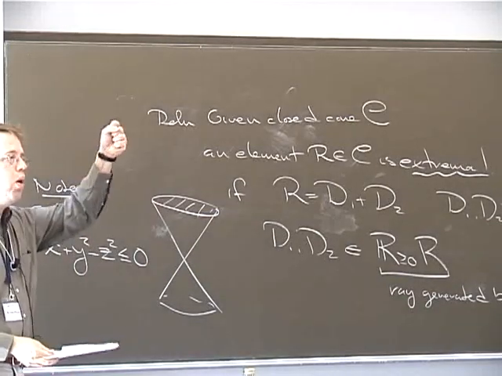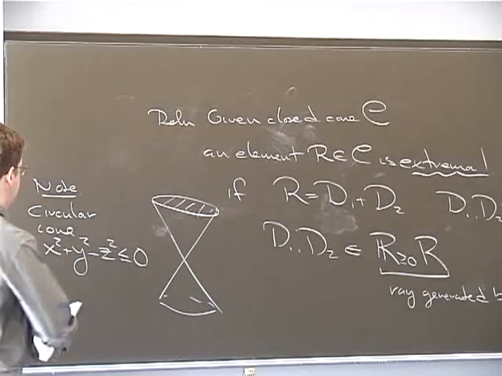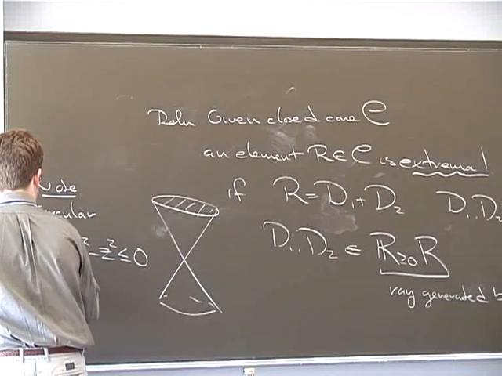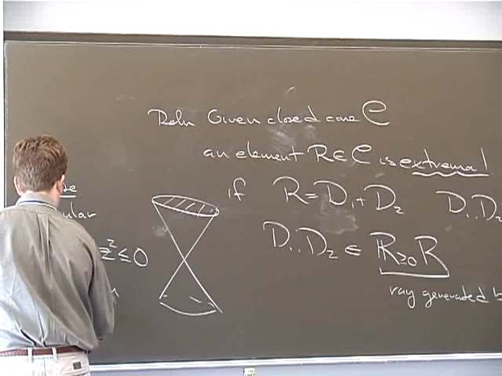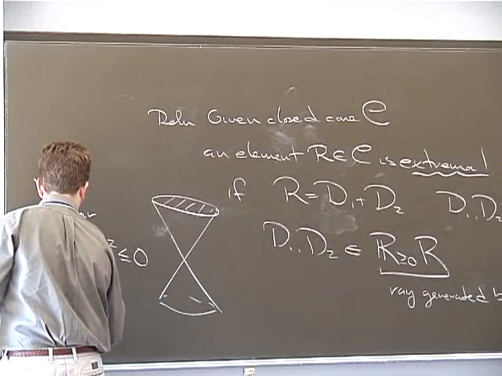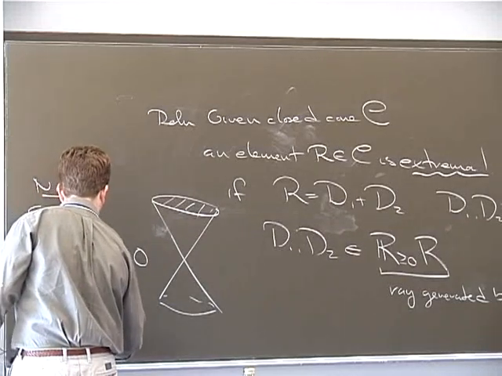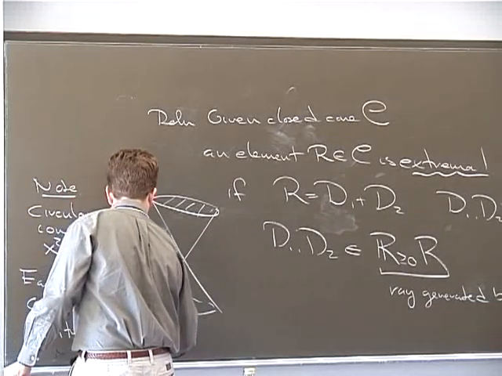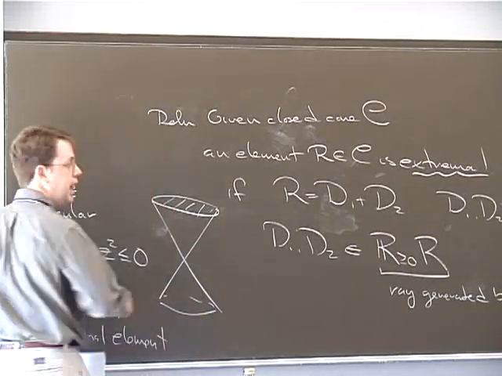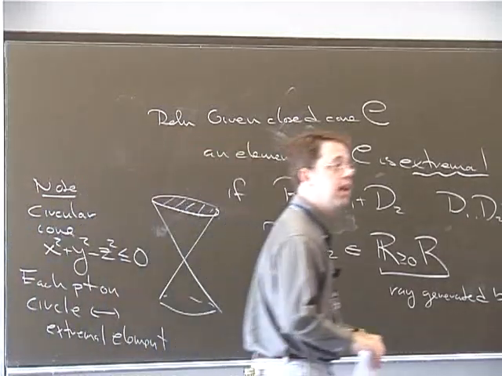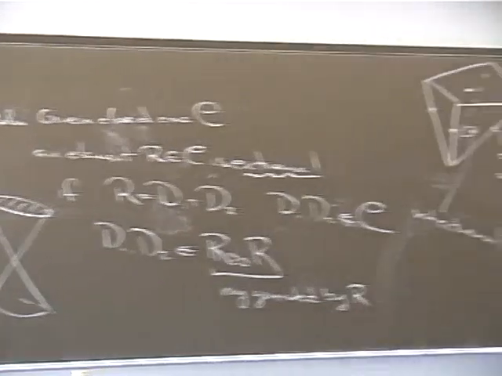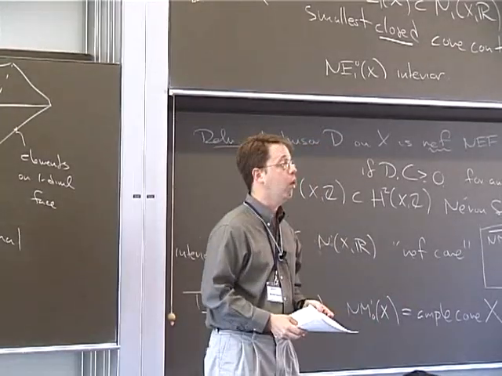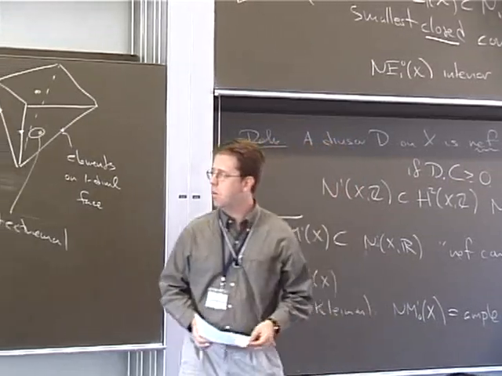Each point on the circle gives me an extremal element. Anything that's on the boundary of the cone can't be represented non-trivially as a sum. So these are bad cones from our standpoint. These circular cones are the things that we want to avoid to the extent that we can.